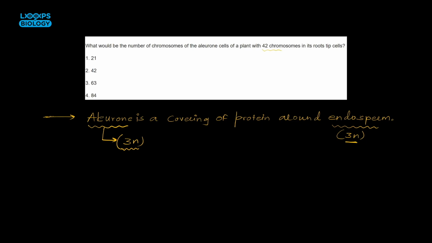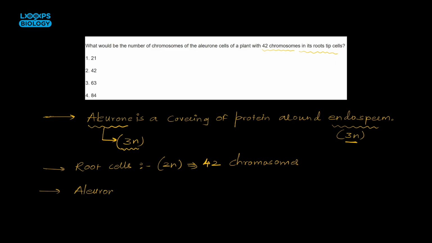Now there are 42 chromosomes in its root tip cell. Now the root cells are basically diploid in nature, and they are having 42 chromosomes in total. So if we are talking about aleurone, which is 3n, you can divide it as 2n plus n, or you can just multiply the n with 3.